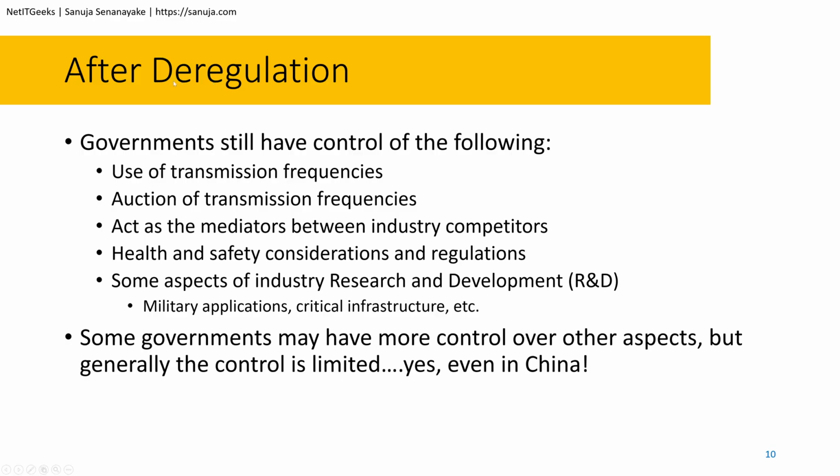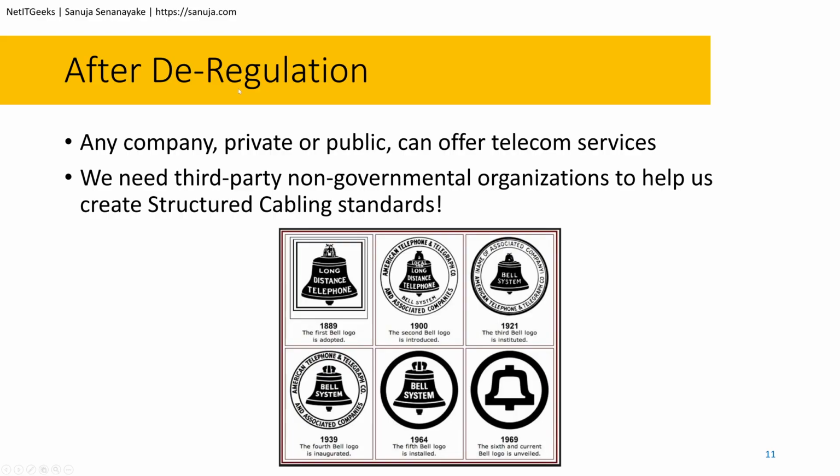I just noticed something. I wrote deregulation here, but in here I put a dash in between. It doesn't really matter; it's the same thing I'm talking about. So after deregulation, any company, private or public, can offer telecom services. So we need third-party non-governmental organizations to help us create cabling standards, because if we don't, structured cabling standards are going to be all over the place, interoperability is going to be an issue, and our customers and end users are going to be frustrated.